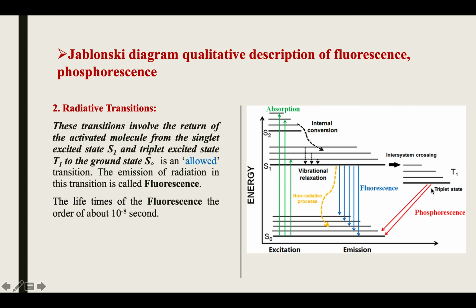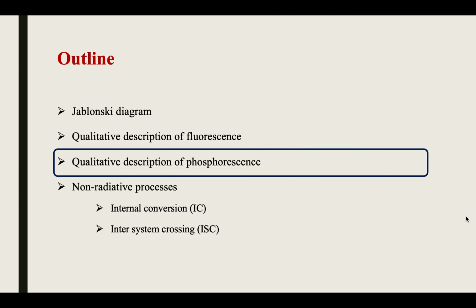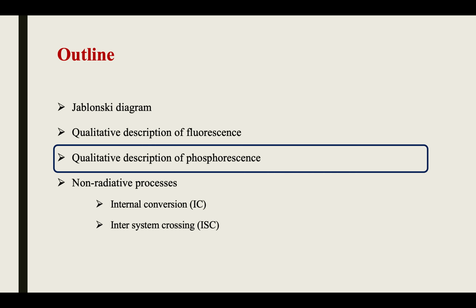If the transition happens from T1 to S0, we call it phosphorescence. Now we will see the qualitative description of phosphorescence.